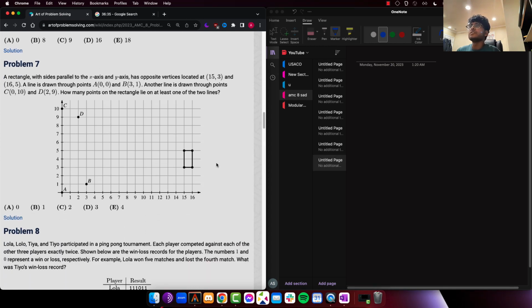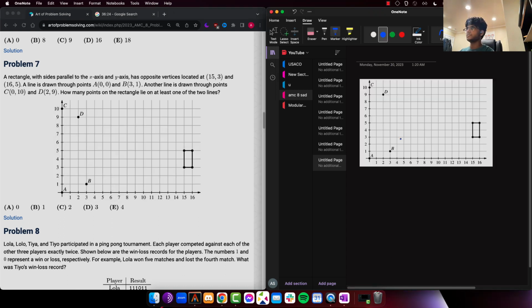A rectangle with sides parallel to the x-axis and y-axis has opposite vertices. How many points on the rectangle lie on at least one of the 2 lines? Okay, sure. Let's see what we can do. This line looks like it doesn't pass through. This one looks like it will.